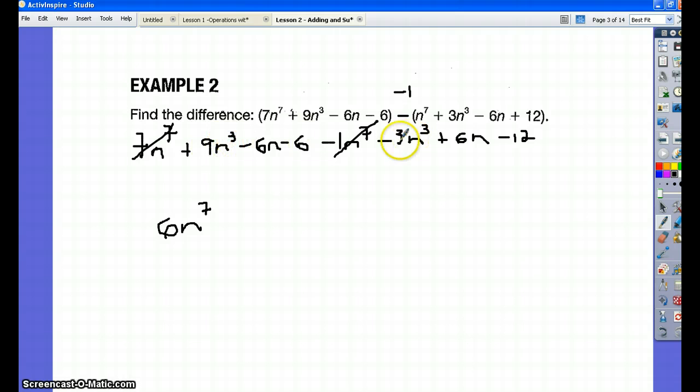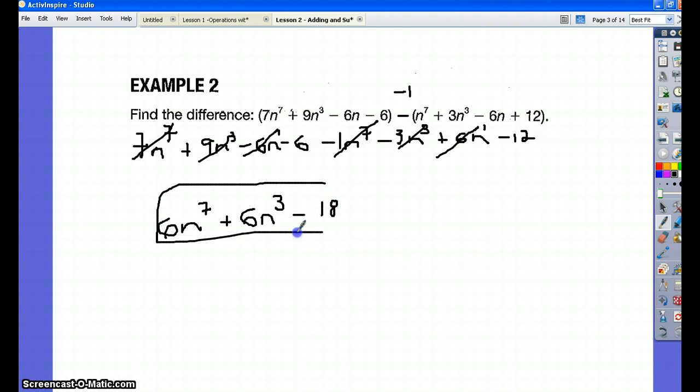So 9n cubed minus 3n cubed is plus 6n cubed, cross those out, minus 6n plus 6n, remember those are to the 1 power, we just don't write it, but those would just cancel out, right? Negative 6 plus 6 is 0. That leaves us with minus 6 minus 12, it's going to be minus 18. So that would be the answer for this one.